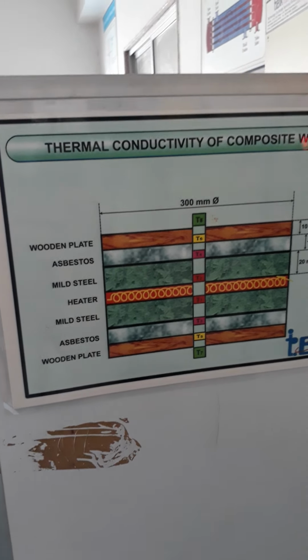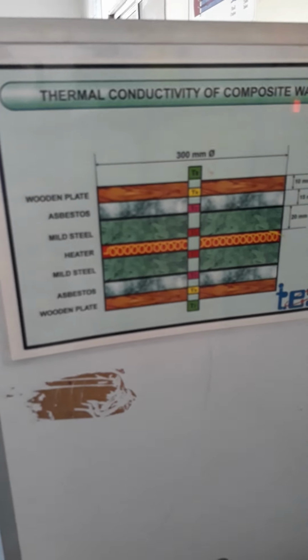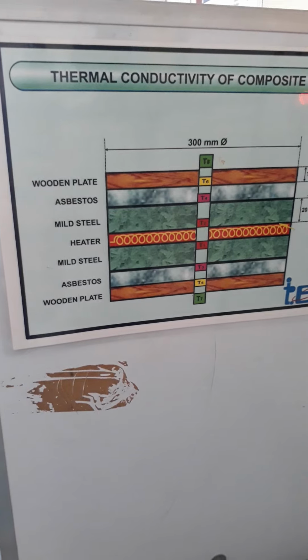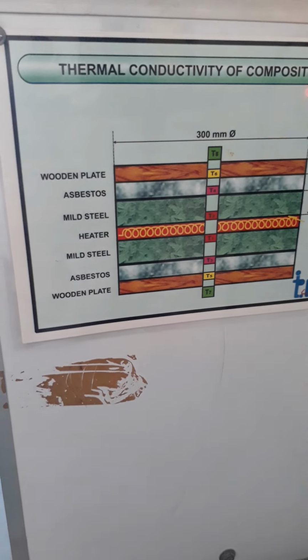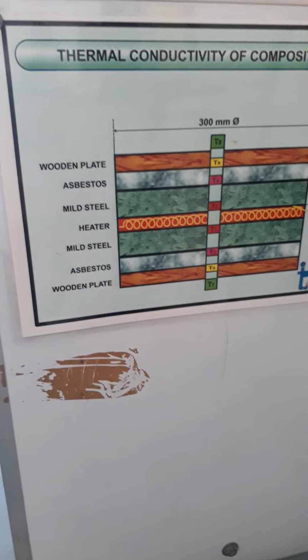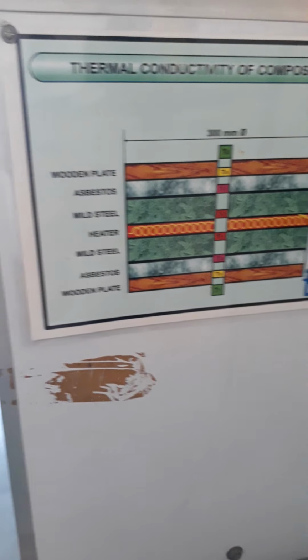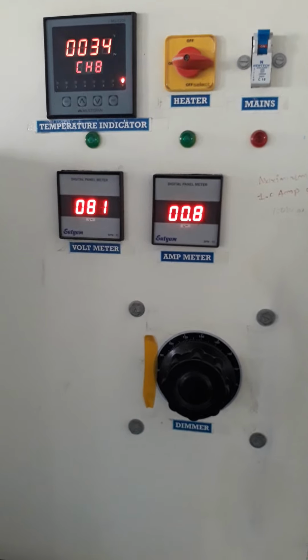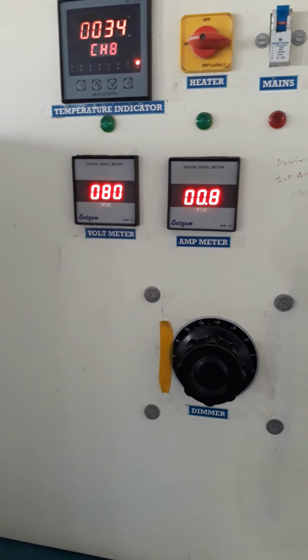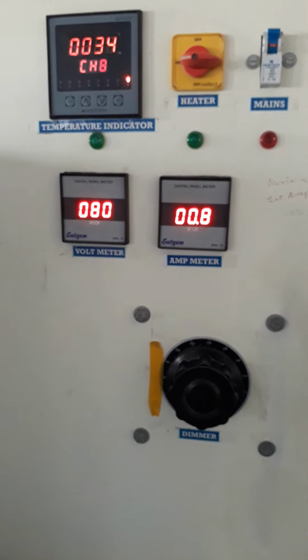This is all about our apparatus. The apparatus consists of a central heater sandwiched between two mica sheets. Three types of slab are provided on both sides of the heater, which form the composite structure. An auto transformer is provided for varying the input to the heater, and measurement of input is carried out by a voltmeter and ammeter.